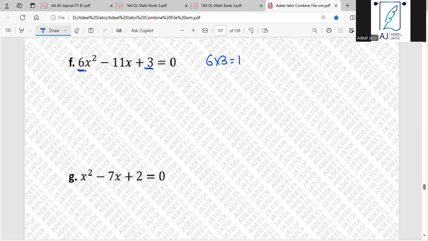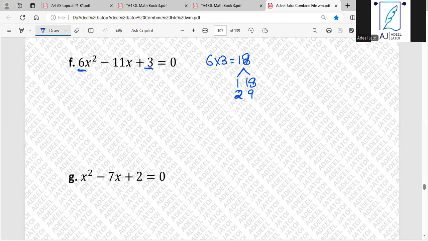Factors of 18 will be what? 1 and 18, 2 into 9 is 18, right? 3 into 6 is 18 as well, right? So can we just say 9 and 2, 18 and 1, and 6 and 3, right?